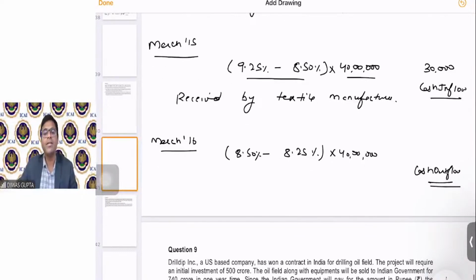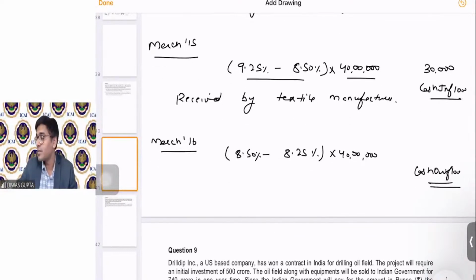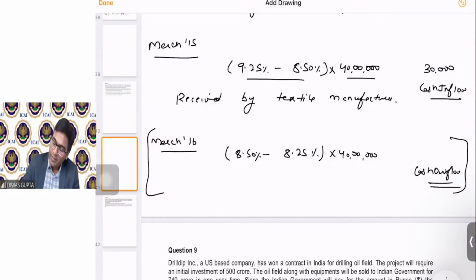In case the interest rate becomes 8.25, the strike rate is 8.5. Does the textile manufacturer need to pay any differential amount under the cap option to the option seller? Tell me, should I put 0.25 into 40 lakhs, around 10,000, as the cash outflow?